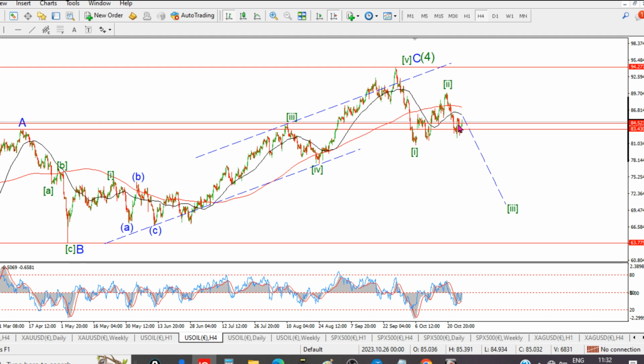Turns out no. In this rally throughout the last 6 months, we had peace talks. Even Iran and Saudi Arabia opened embassies in each other's countries again. More peace talks, and peace talks means rallying crude oil. War means declining crude oil.